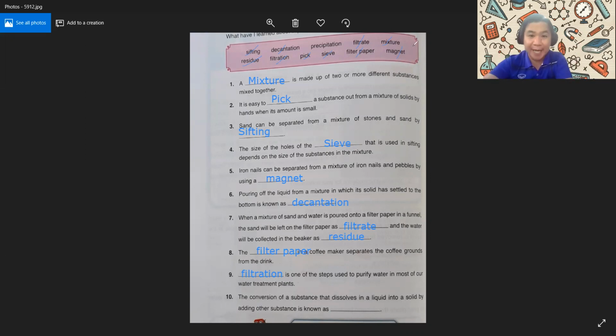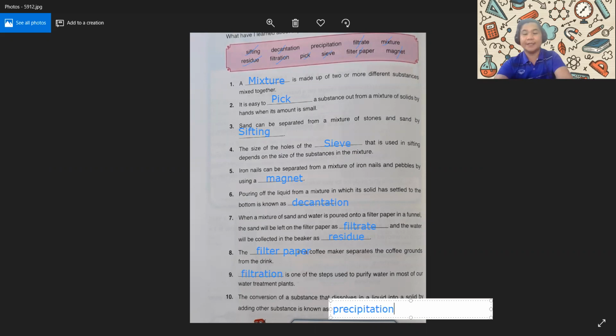It's precipitation. It's correct. The last one is correct. Precipitation. And that is it. That is your answer to your homework.